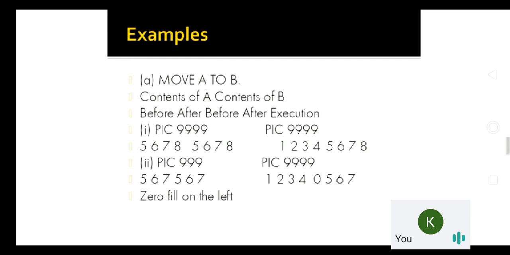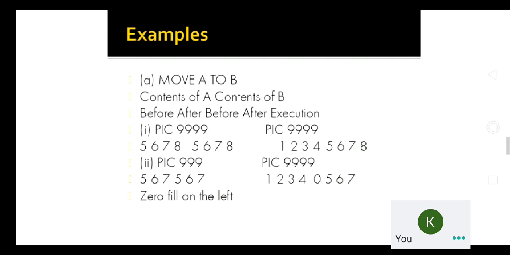This type of filling we call zero fill. Before execution B has the value 1 2 3 4, but after execution of MOVE A TO B, the value of B will change to 0 5 6 7, because we are sending a 3-digit value to B, which has a 4-digit position. Since the leftmost 9 doesn't have any value, we fill it with 0.